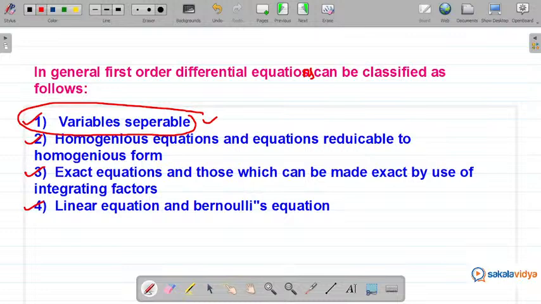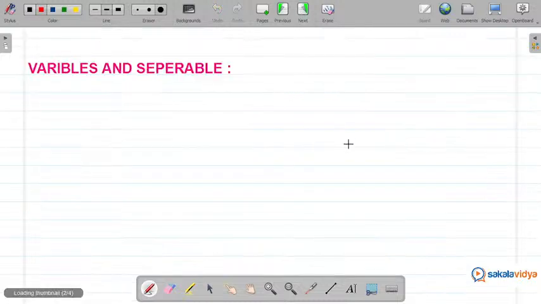Today let us concentrate on variables separable. What is meant by variables separable? We shall also discuss problems on variables separable.